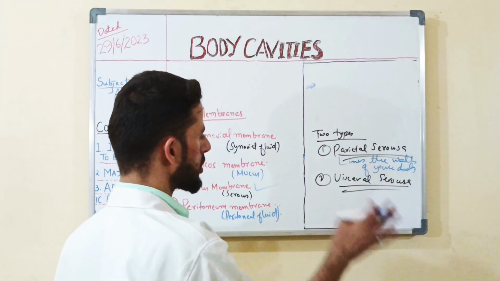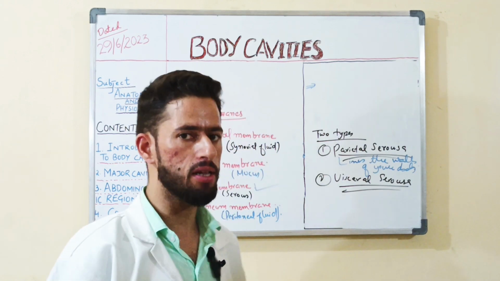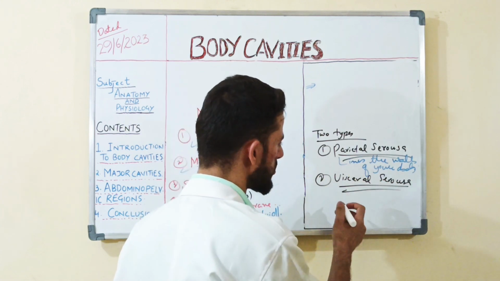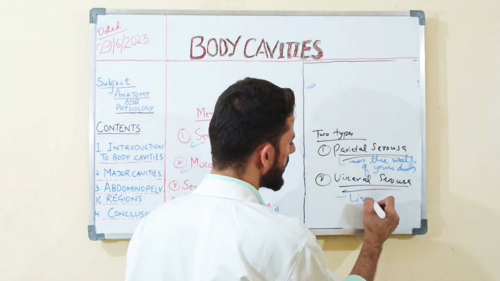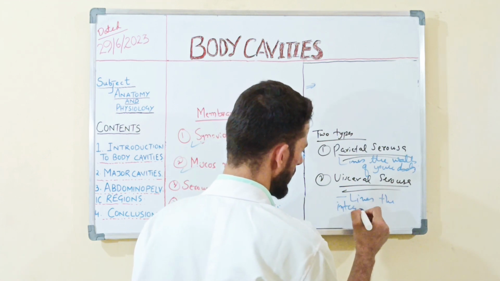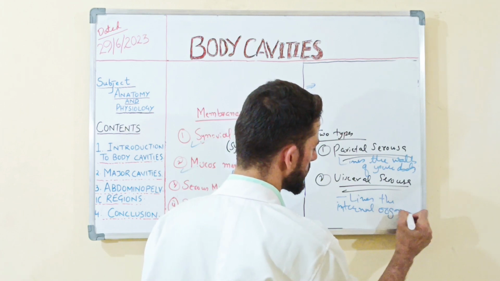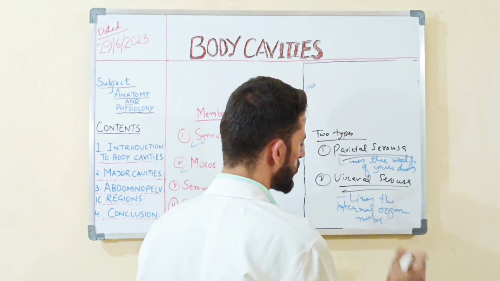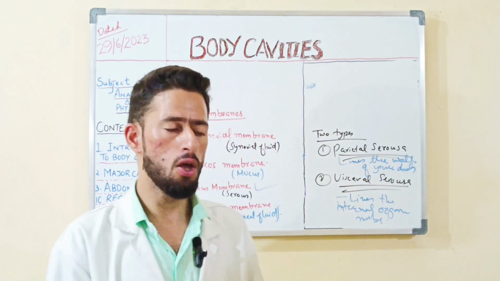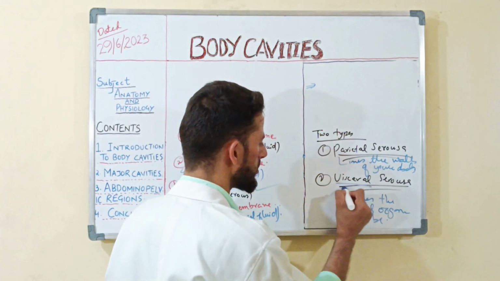So the membrane along the chest wall we call parietal serous membrane. And next one is the visceral serosa. Visceral serosa lines the internal organ membranes. The membrane on the internal organs inside your body is made of visceral serosa. As the name indicates, visceral means organ.